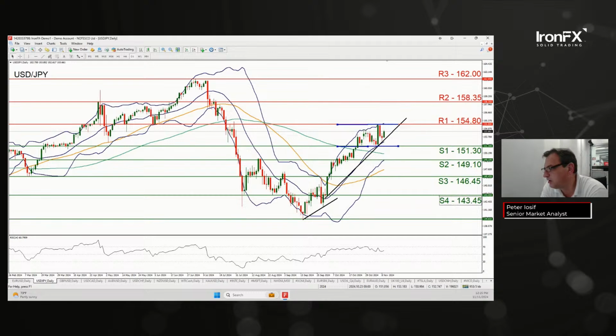For a bearish outlook, I would require the pair to breach the pre-mentioned upward trend line exactly in the first signal that the upward movement has been interrupted, but also breach the S1 151.30 and start aiming for the S2 149.10.